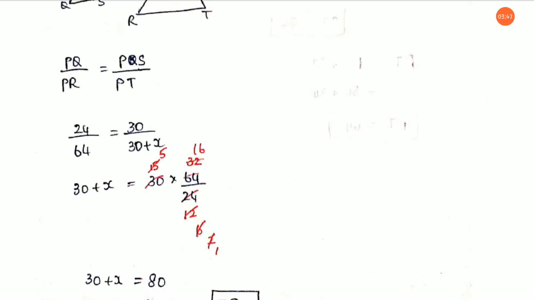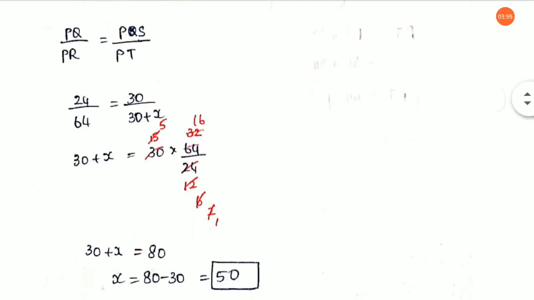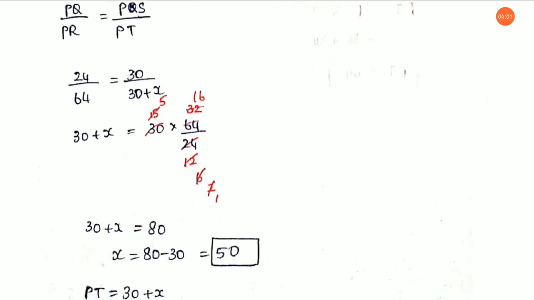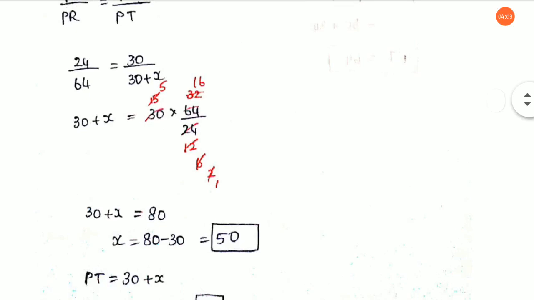This 16 into 5 will give us 80. And you want the value of X here, so X is equal to 80 minus 30, and it will give us the value of X. It is 50. Sorry, 50.